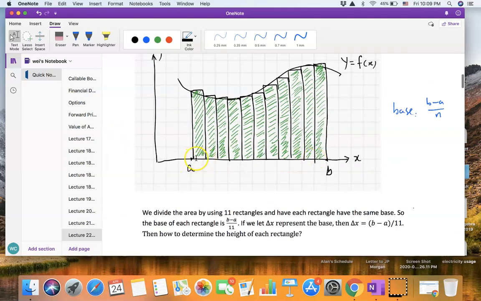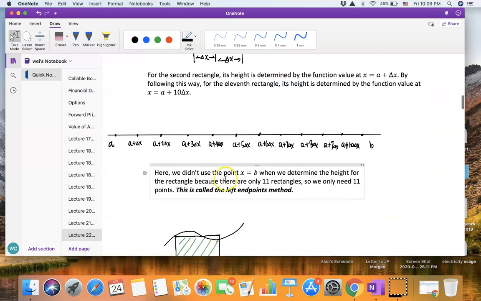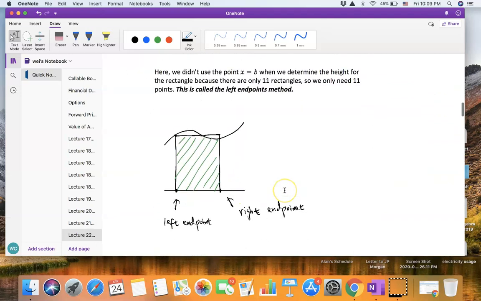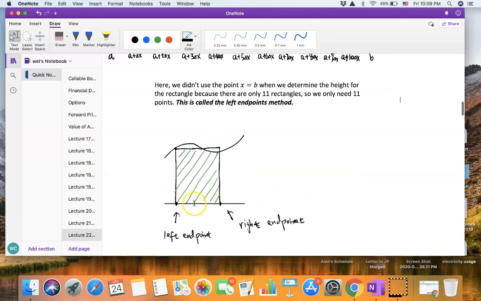For each interval, we use the left endpoint to determine the height. And this method is called the left endpoints method. Like here, consider this interval. When we construct the rectangle, I use the left endpoint to determine the height.